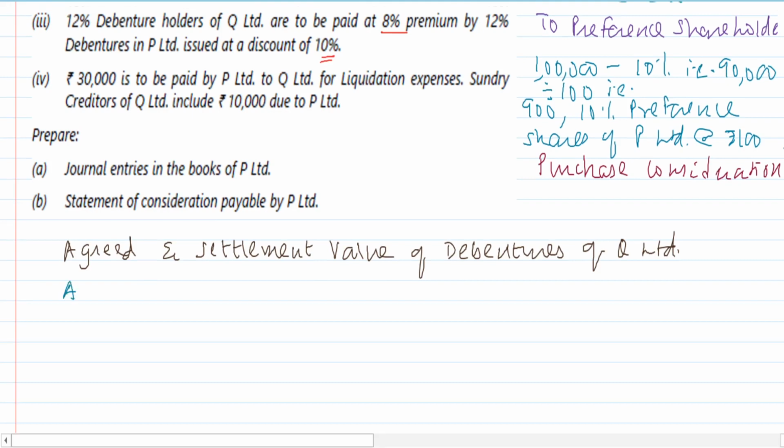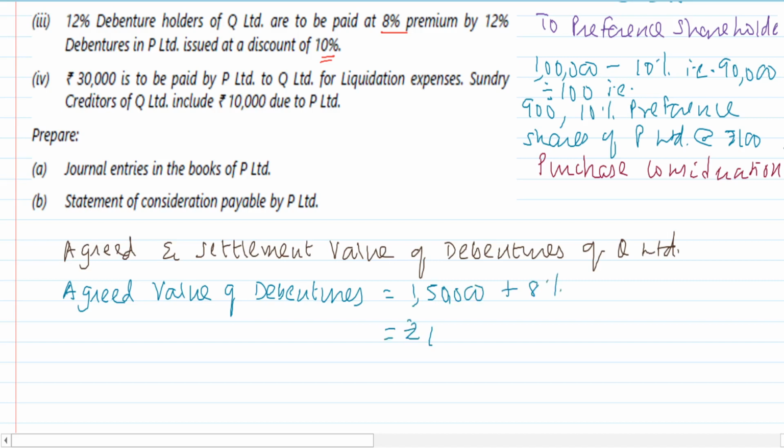So agreed value of debentures equals 1,50,000, and I will increase it by 8%. We are ready to pay them premium. So agreed value is turning out to be 1,62,000.